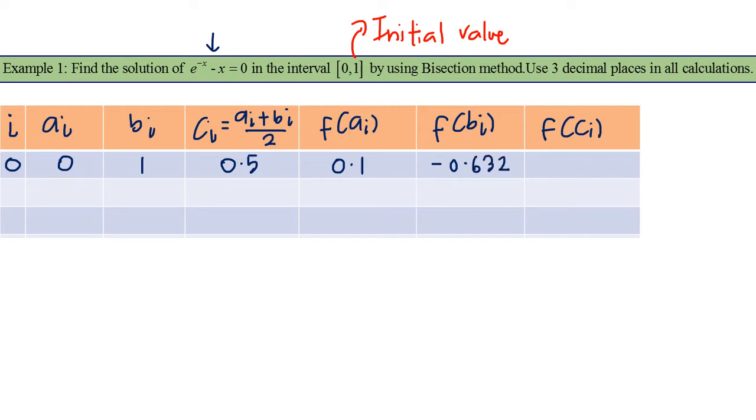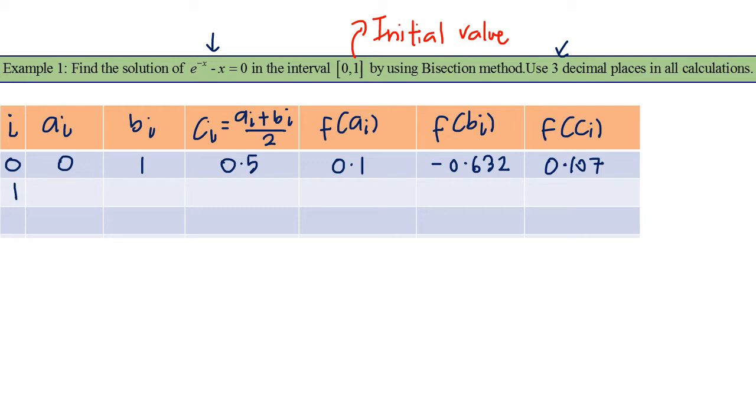Look at here, I use 3 decimal places because it is written in the question that you have to use 3 decimal places. And then you substitute 0.5, which is c_0, into the f(x). You will get 0.107.